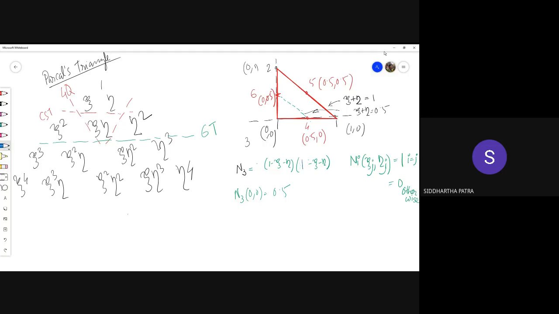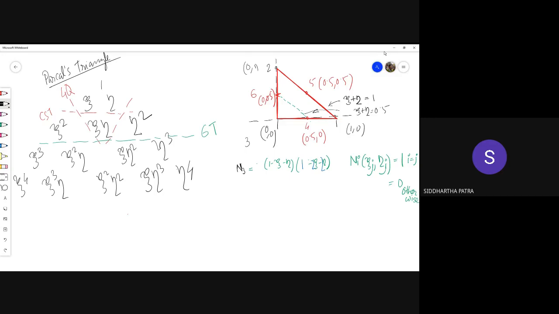So this is the way to find any given shape function, the expression for the third shape function. Now there will be 6 such shape functions, and you can use different ways to evaluate that.